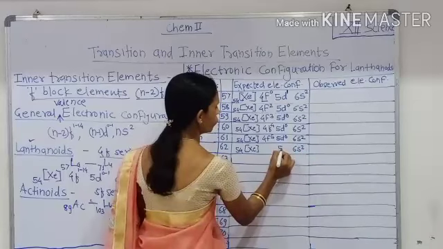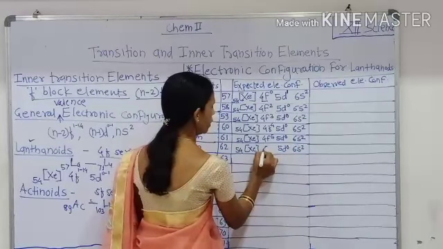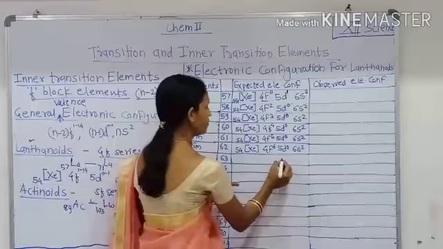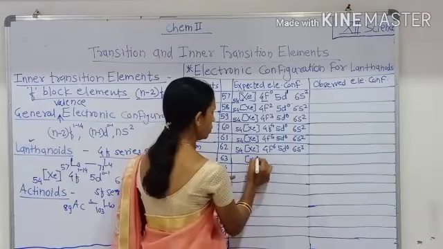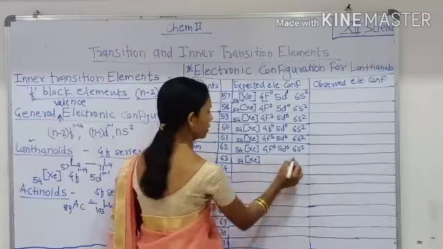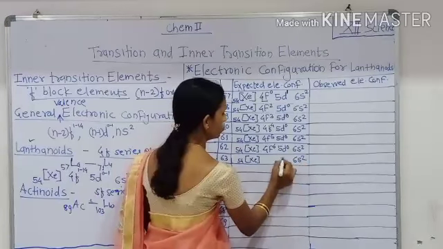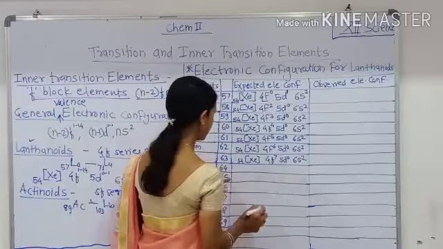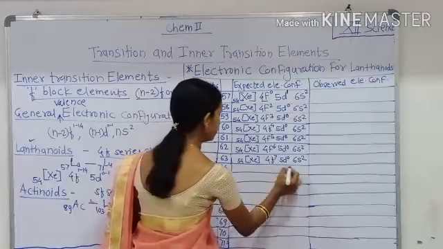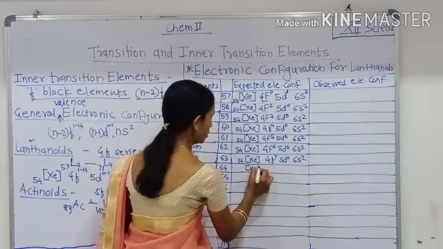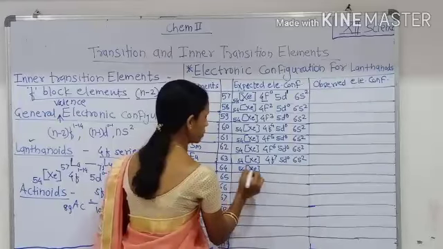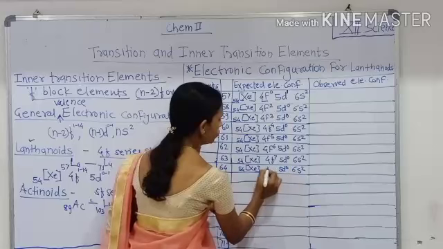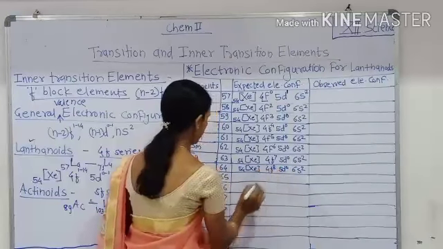For samarium, it is xenon 54, 6s2, 5d0 and 4f6. For europium, xenon 54, 6s2, 5d0, 4f7. Gadolinium, xenon 54, 6s2, 5d0, 4f8.